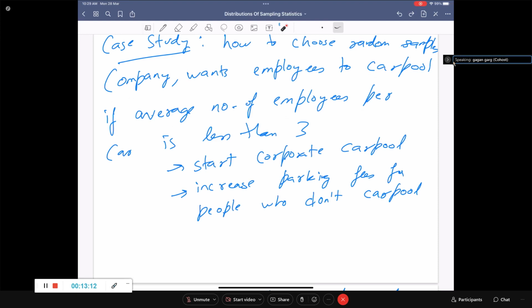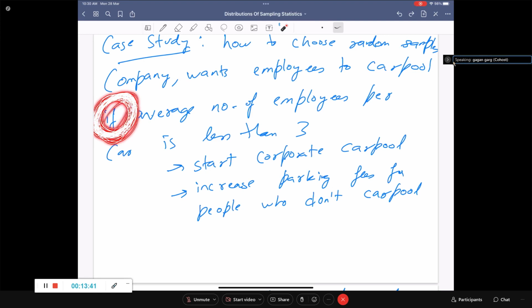Where is it given it's less than 3? I've clearly written that if the number of people in a car is less than 3, then the company will take certain actions. And in order to determine whether it's more than 3 or less than 3, it is trying to do a survey. I'm saying there is a mistake in the survey.